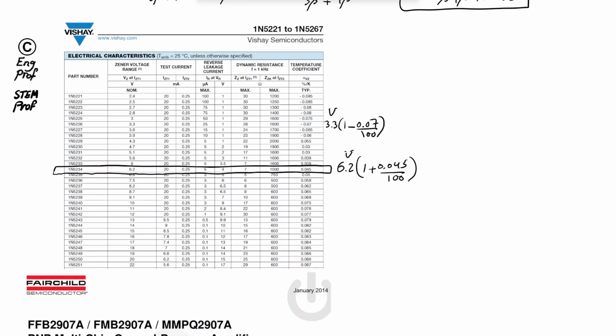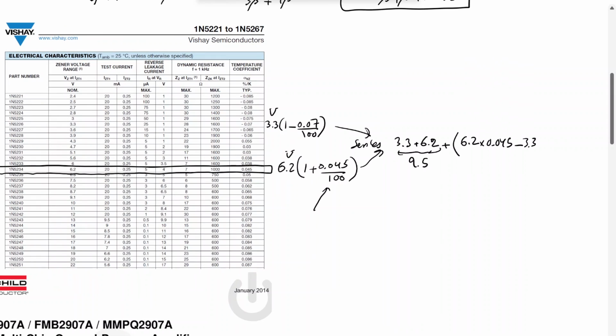I'm just trying to showcase that we can adjust them in such a way that the resulting outcome, let's add them together because they are in series, would become 3.3 plus 6.2, that is our 9.5 nominal, plus the temperature adjustment section, which is 6.2 times 0.045 minus 3.3 times 0.07, and then divided by 100.